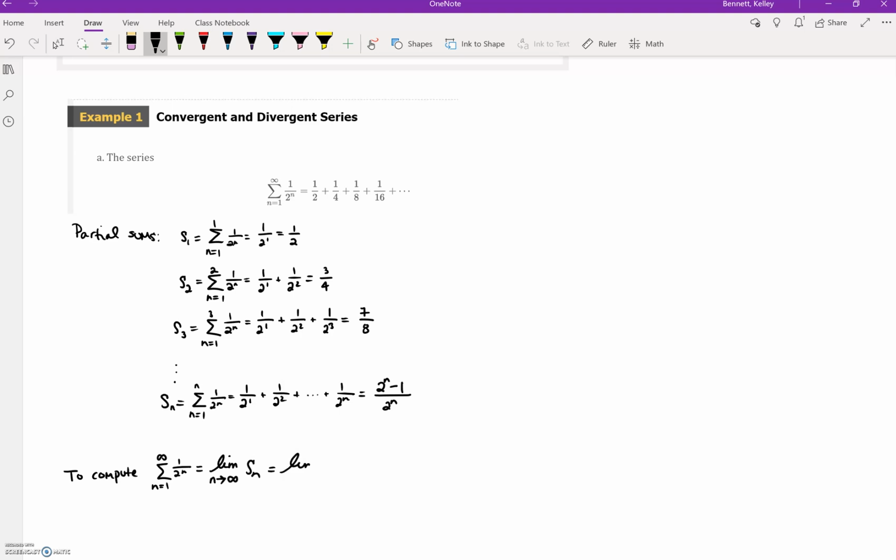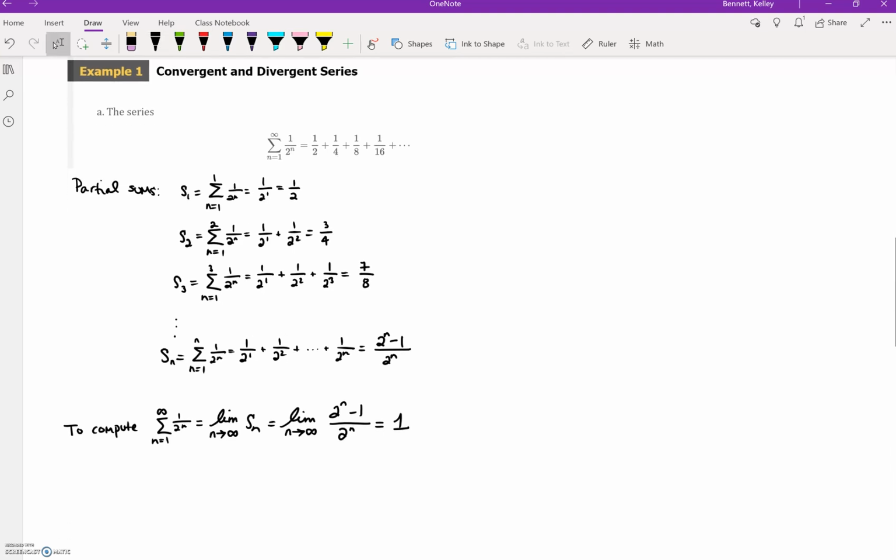And we've already simplified what s of n is. So this is going to be 2 to the n minus 1 on top, 2 to the n on the bottom, and this is a very straightforward limit to evaluate. This is 1. So the limit for example 1 is the number 1.